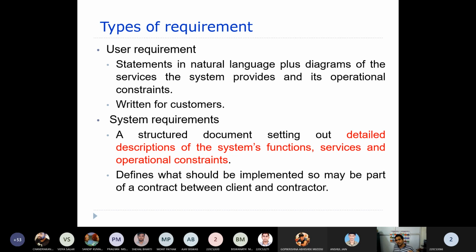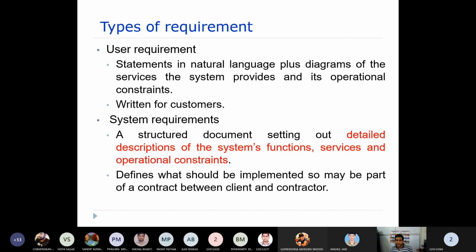So you should write these requirements in such a way that they clearly and easily comprehend the document. It is specially meant for the customers. These are the requirements you gathered from the customer, and you write them in very simple language, maybe with some diagrams through which they can easily understand.